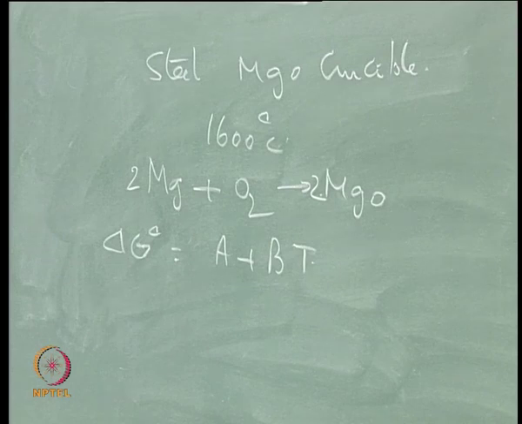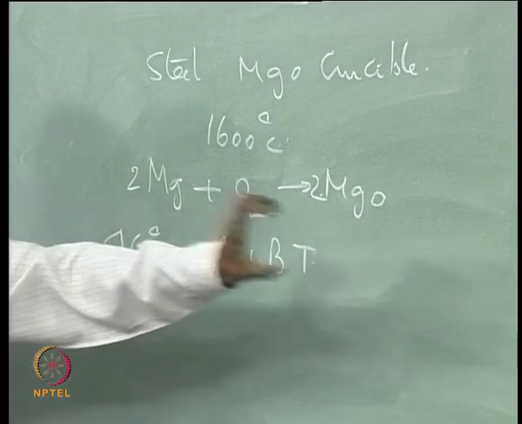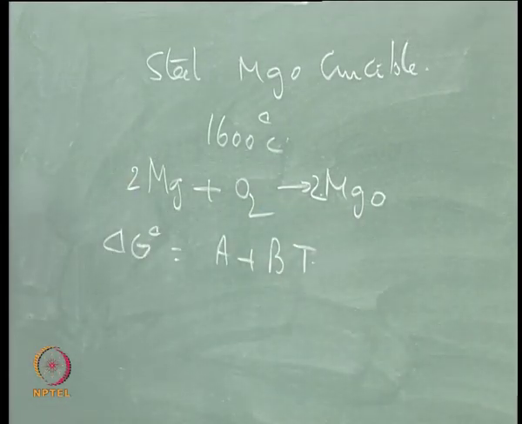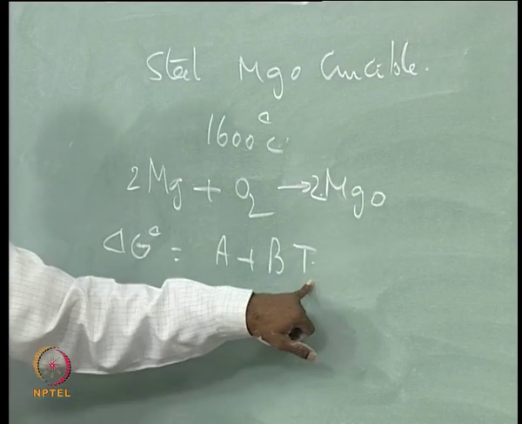Whether the B is negative or positive, let us not bother about it. Basically, because it is delta H minus T into delta S, you would always see the expression for the delta G naught given in the form of two constants and a linear dependence on temperature.